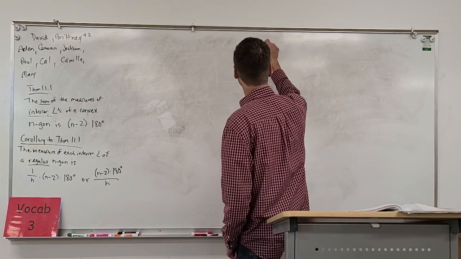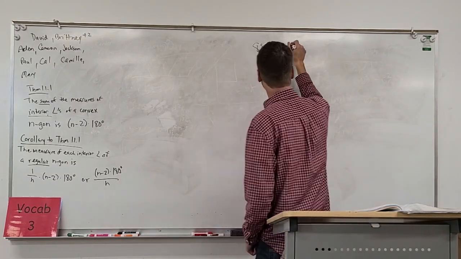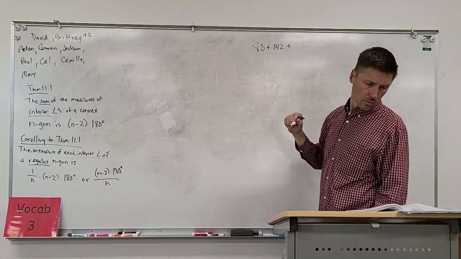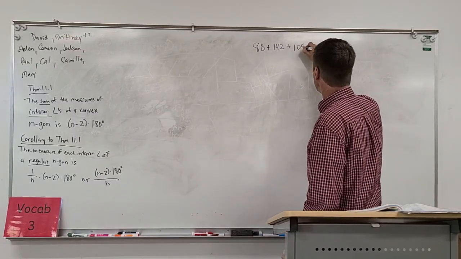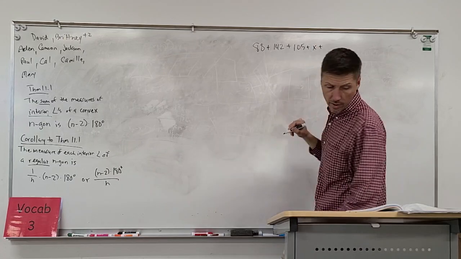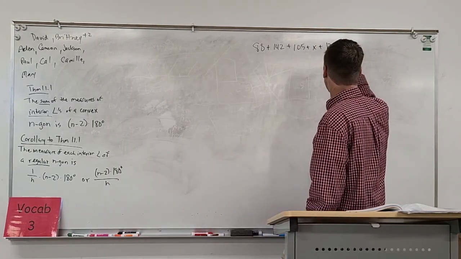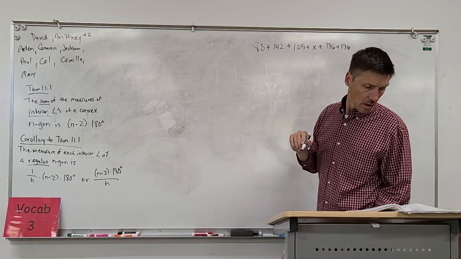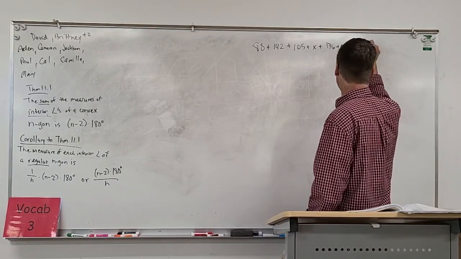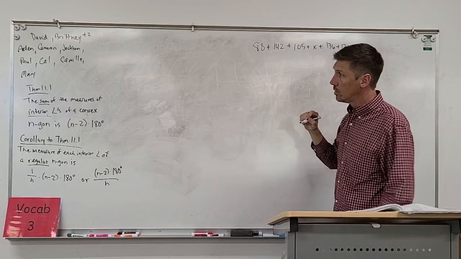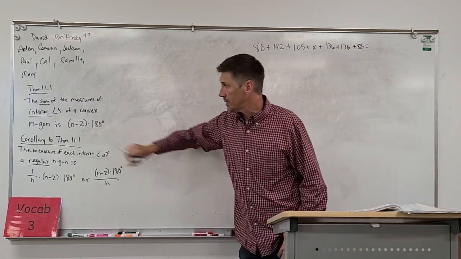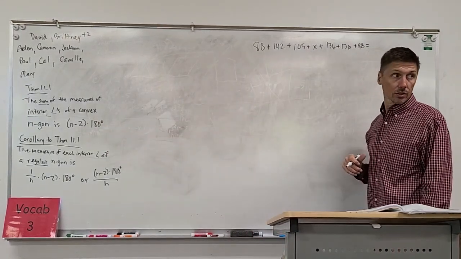We're just going to write all those down. 88 plus 142 plus 105. Just kind of pick a random spot and go around. Plus x plus 136 plus 136 plus 88. All of that has got to equal, if I add all the angles up, it's got to equal that, right? So n minus 2, yes?